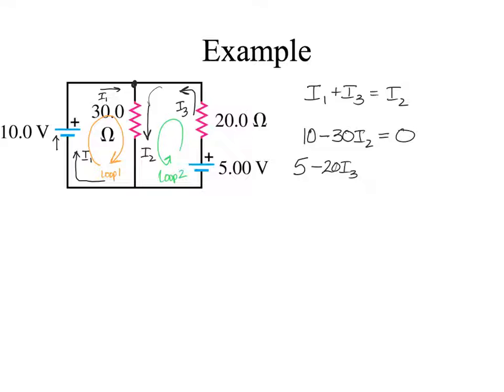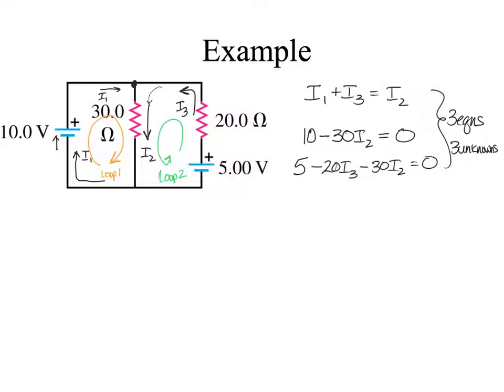I come down through the middle through the 30 ohm resistor in the direction of current 2, and so that's another loss, minus 30 I2 equals 0. So I have 3 equations and 3 unknowns. And so I should be able to solve for everything.